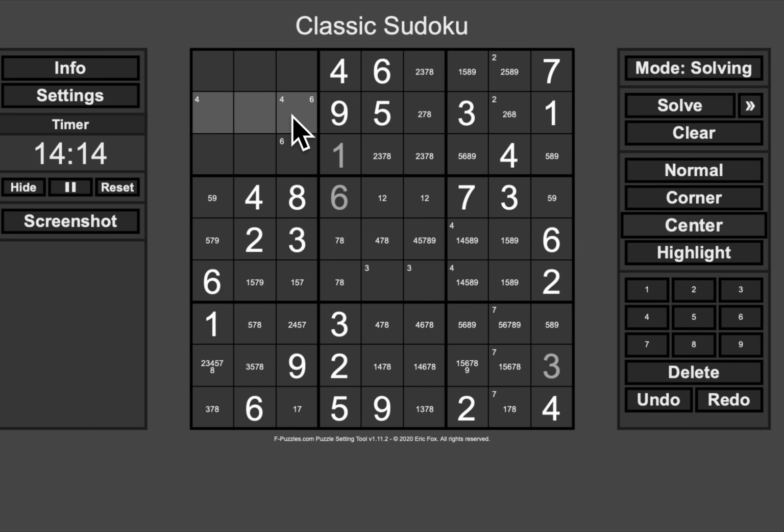1, 3, 5, 9 says these are 2, 6, 7, and 8 in some order. And 4, 6, 7, 8 actually. This can't be 2, 4, or 6. This could be 6.